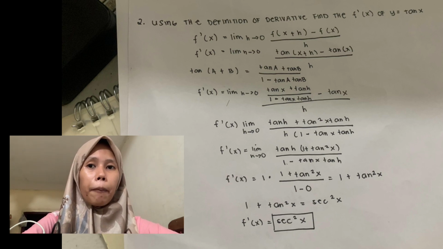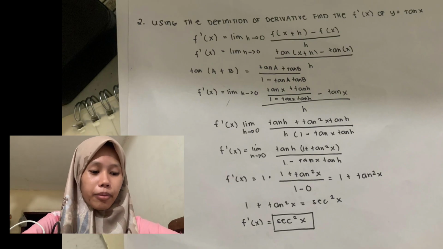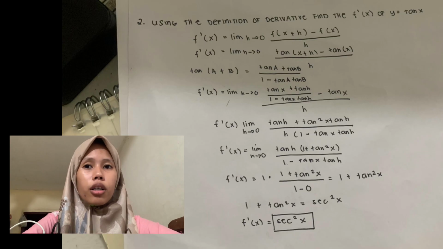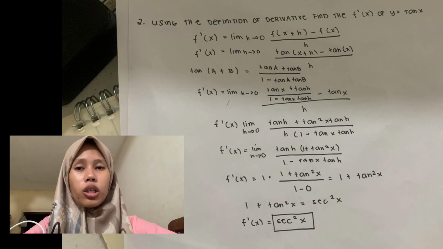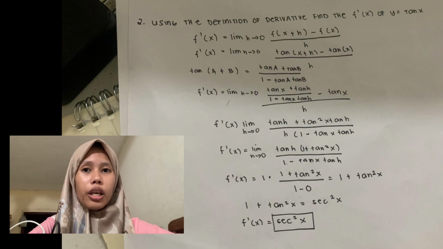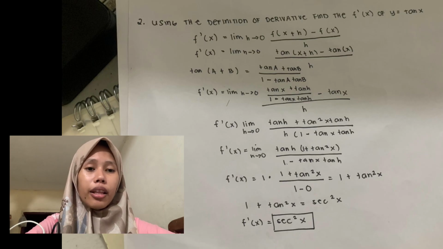Applying that to tan of x plus h, we have tan of x plus h is equal to tan x plus tan h over 1 minus tan x tan h. After that, we are going to substitute this into the derivative definition.